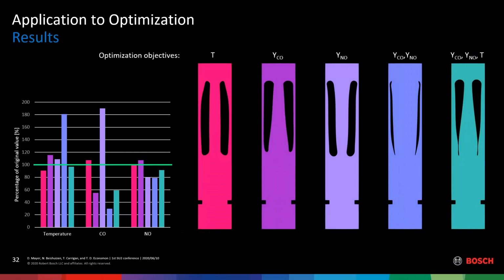And here I present an overview of all the geometries. And although this is a very early optimization and is very far away from a real serious product, these kind of simulations can already help designers to give inspiration on how to design a heat exchanger maybe better to reduce a certain optimization target here.